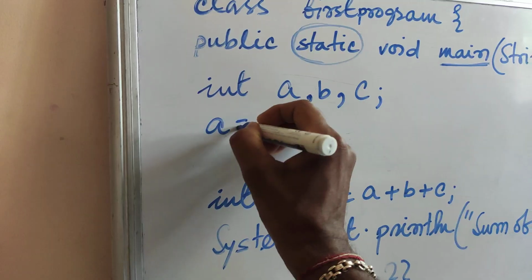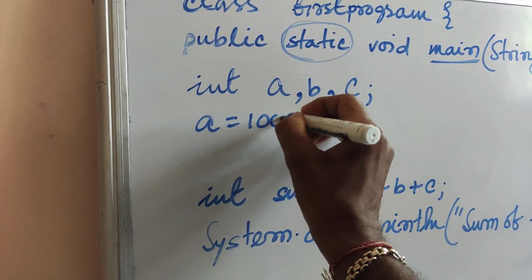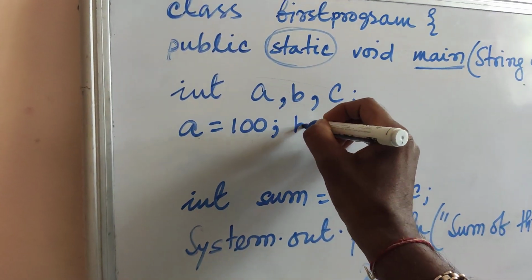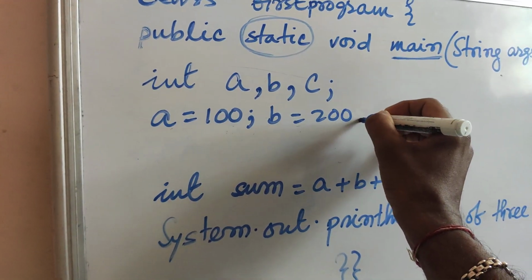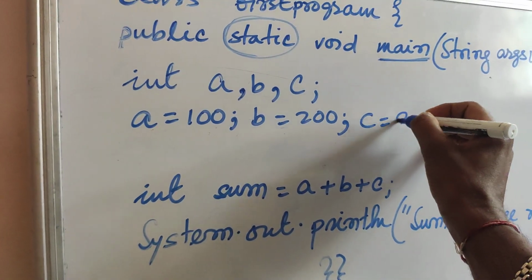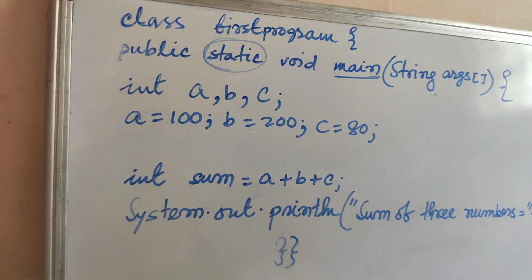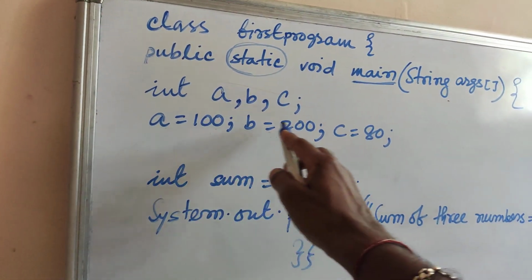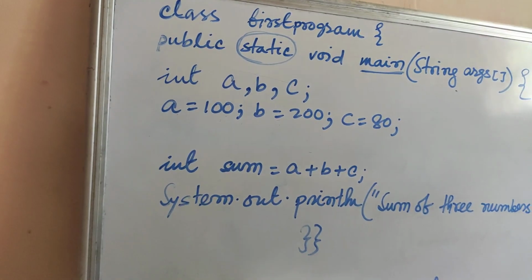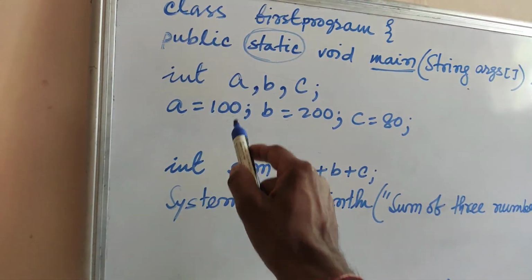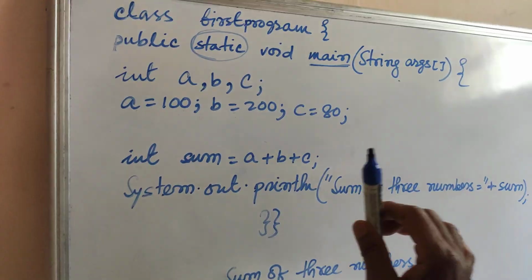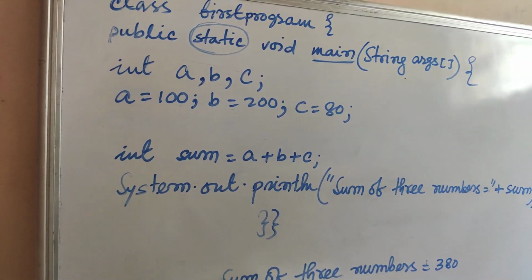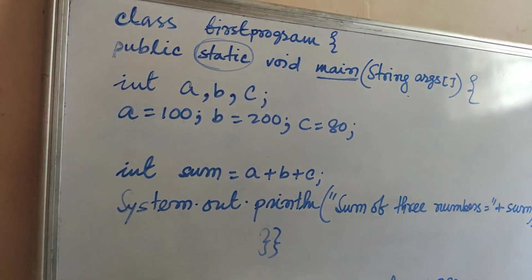Later you can give the values this way: a equal to 100, semicolon, b equal to 200, semicolon, c equal to 80, semicolon. I am writing in the same line. You can write it down, no problem. So how to write the first program in Java language? This is the process.